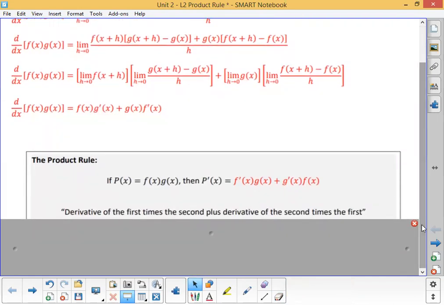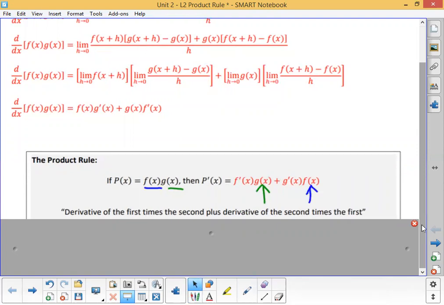You want to create something to help you remember this. To convert this notation into words, if we have an f of x function, which I'm going to make blue, and a g of x function, I'll make that green, then our derivative, p prime of x, would be the derivative of the first times the original second function plus the derivative of the second times the original first function.